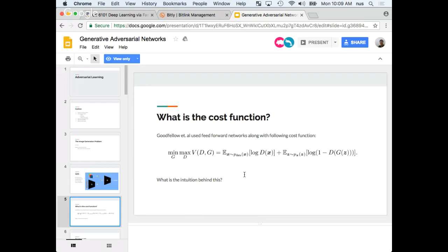So when it's a real image, you'd be ideally trying to maximize this and minimize this. You want your discriminator to be able to say that the images from the real sample is high, so you want this to be higher and this to be lower. So that's why as a discriminator, you'd want to maximize this output. And for the generator, it's the exact opposite. You're trying to minimize this output.